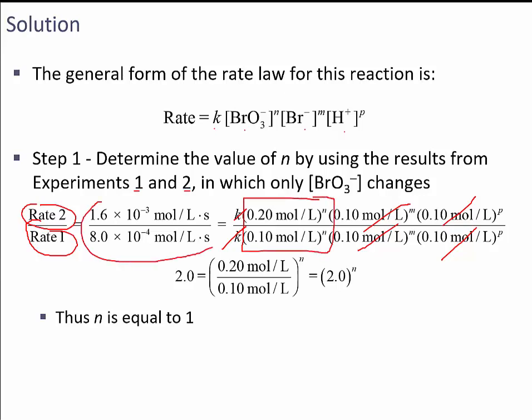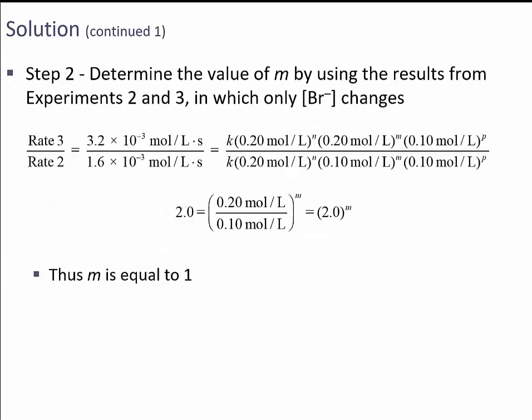So if we look at the rate ratio, and we look at the ratio of the two reaction concentrations, we end up with 2 to the N. So N is going to be equal to 1. We're going to do the same thing. We're going to look at rate 3 over rate 2. These are our two relative rates, and that comes out as 2. Again, we're going to say it's equal to K times the other part.